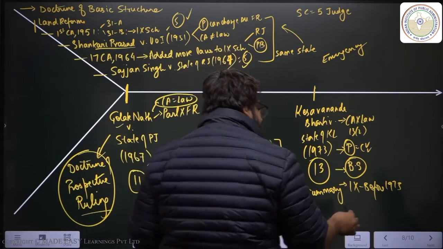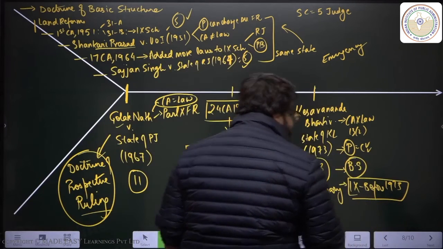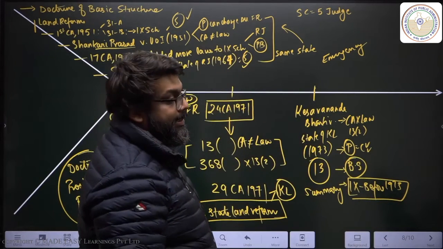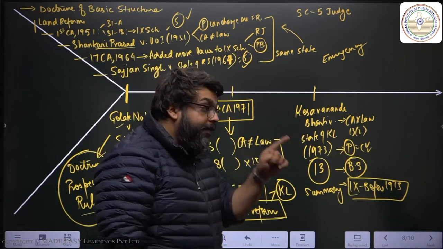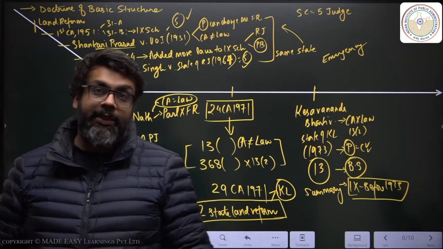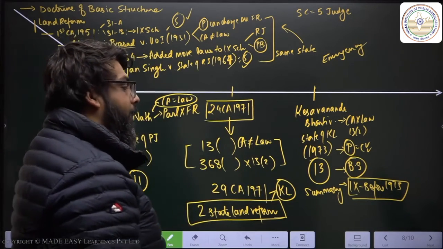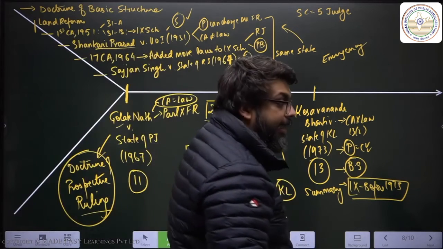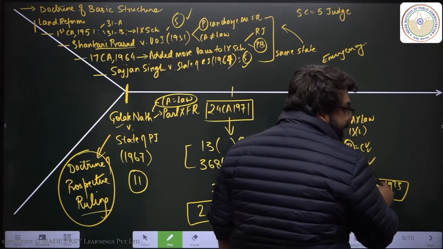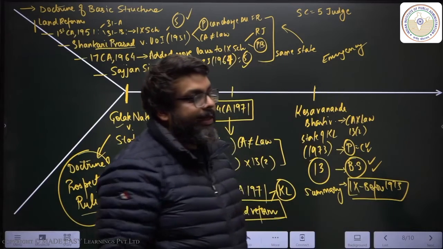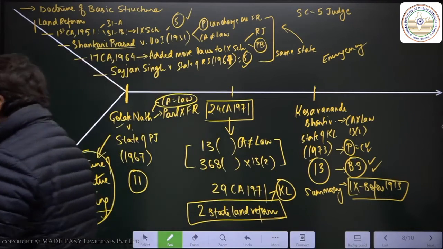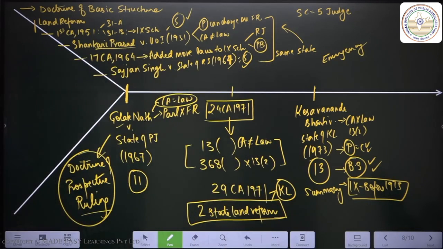But anything added to the 9th schedule after 1973, and if it violates the basic structure principles, we are going to strike it down. And how? Understood this? Clear?